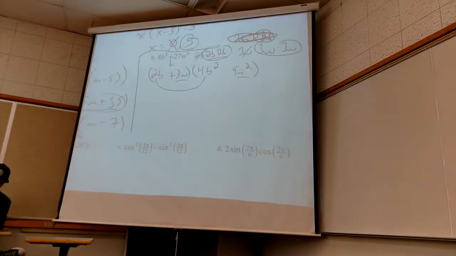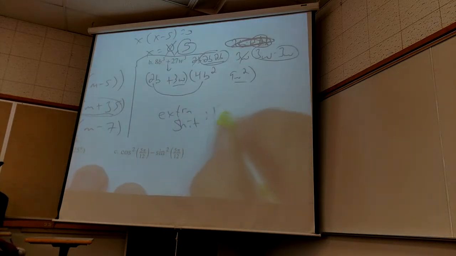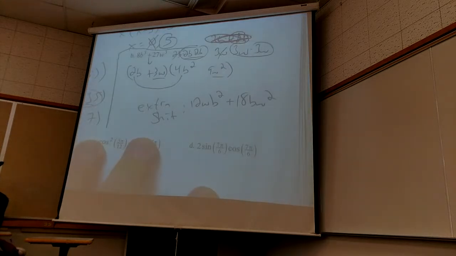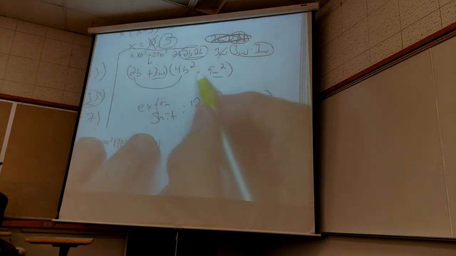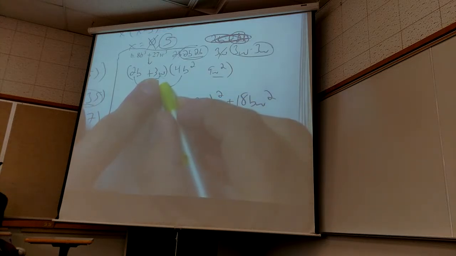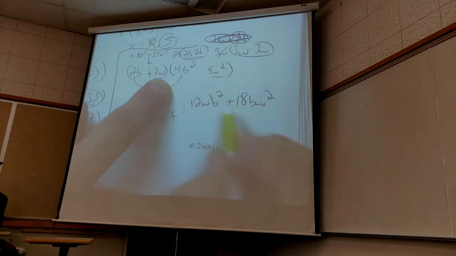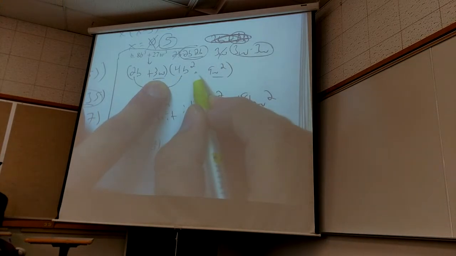Now watch, real quick. Let me see if I can convince you guys. So the extra stuff I get is this stuff here, right? You guys with me? That's the extra stuff I get from the FOIL. So what would I have to put here? What would I multiply 3w by so that this would die? 3 times what is 18?